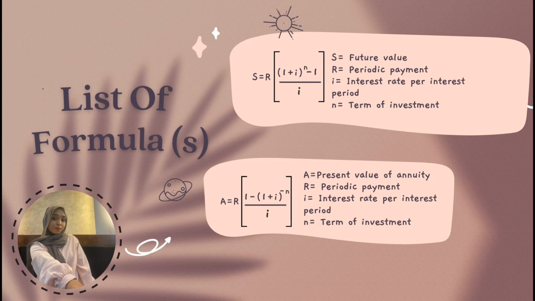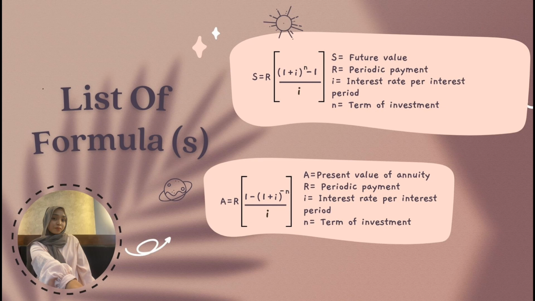Formula of present value for annuity is A equals R[1 minus (1 plus i) to the power of negative n] divided by i. A equals present value and R is for periodic payments and i is for the interest rate and n for the term of investment.